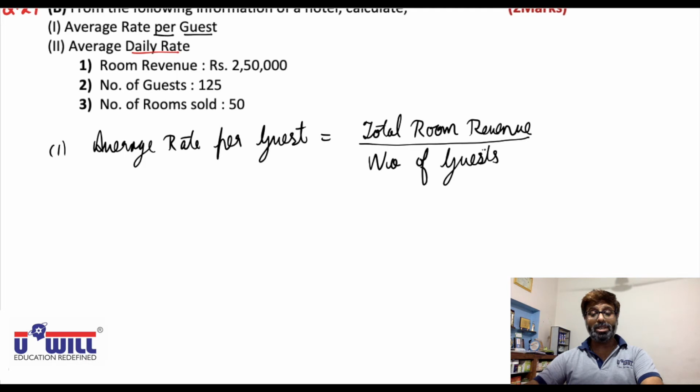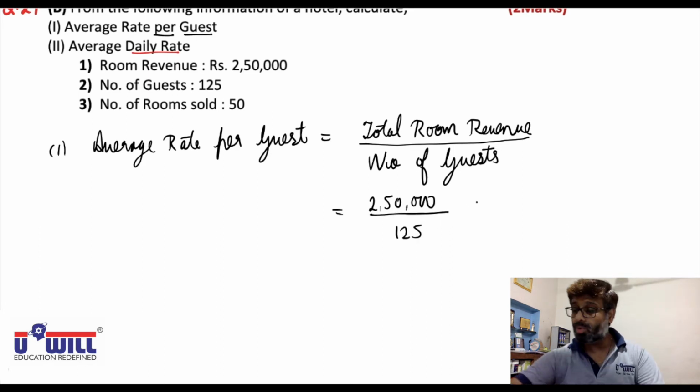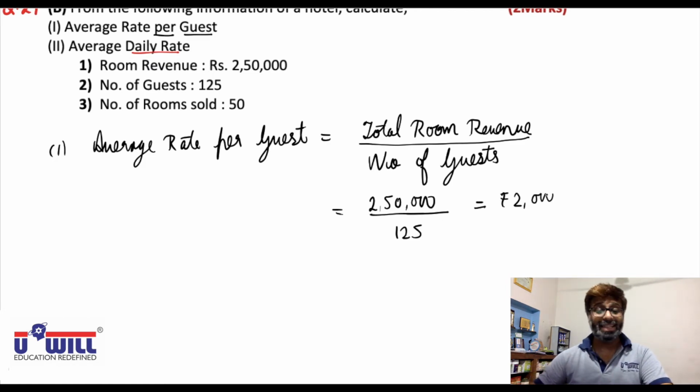Total room revenue is 2,50,000 divided by number of guests are 125. So 2,50,000 divided by 125, 2,000 rupees is the rate per guest.